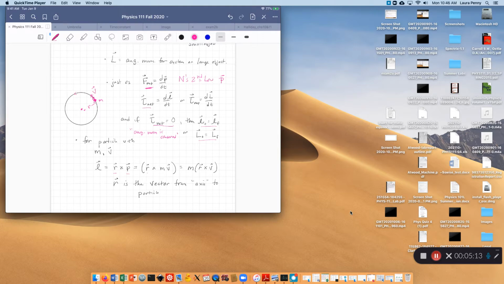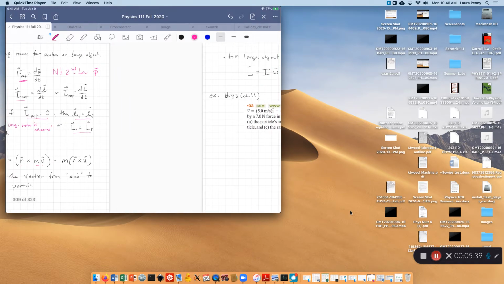The momentum is m times v, and I can bring the m out because it's a scalar, and I end up with m r cross v, where r is the vector from the axis to the particle's location.